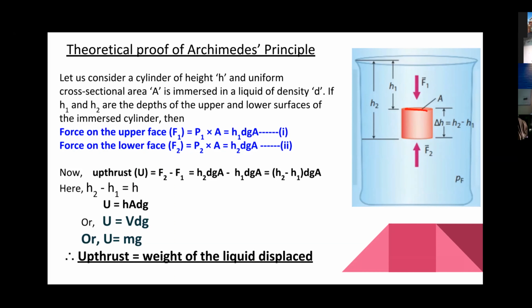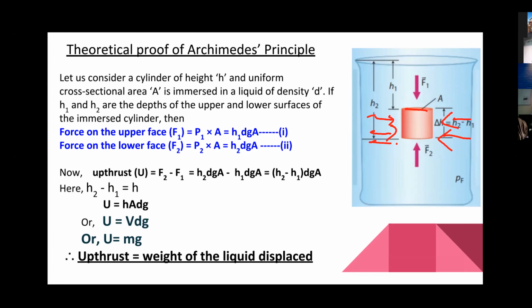Now let me tell you, meanwhile, the pressure exerted by the liquid from the left side and the right side are opposite and equal. They are opposite in direction and equal in magnitude because they are at the same level, same height.